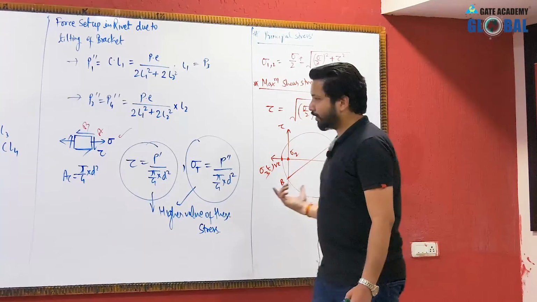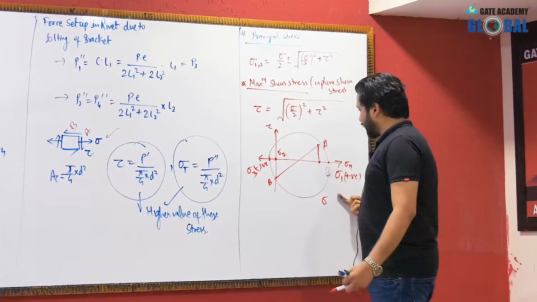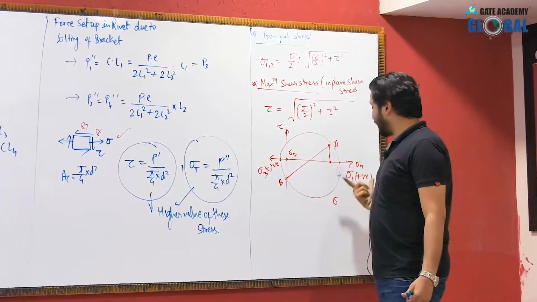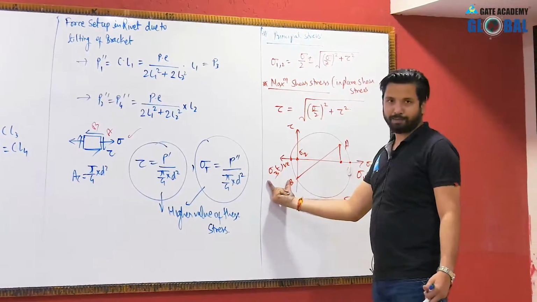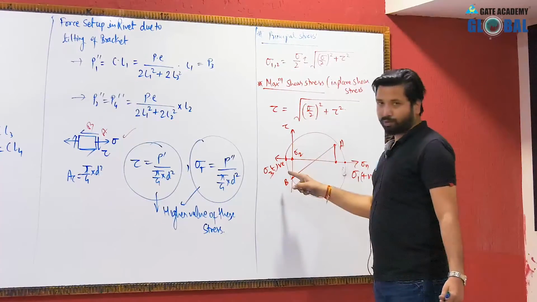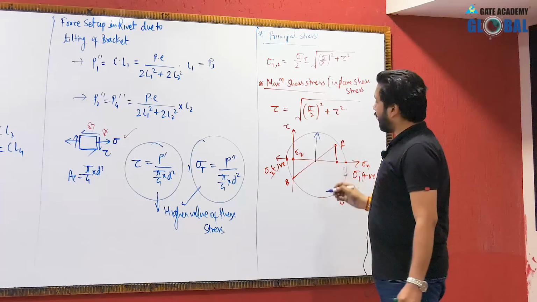And as I have told you in the theory lectures, if you draw Mohr circle between the algebraically highest value of principal stress and algebraically lowest value of principal stress, then you will be getting the largest Mohr circle, and the radius of largest Mohr circle will lead you to the absolute tau max.